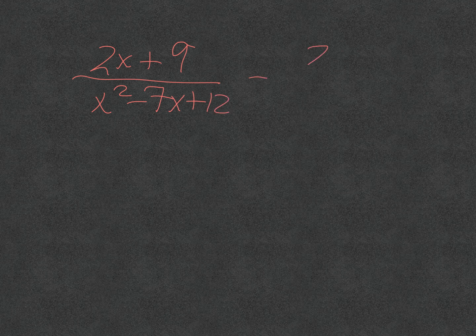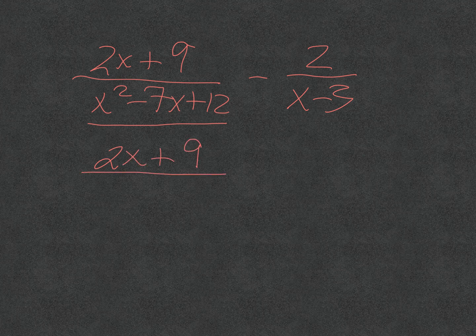I think I like this one right here. Let's try this. 2x plus 9 over x squared minus 7x plus 12 minus 2 over x minus 3. Now, in this case, this denominator is not factored. So generally, step one is always factor the denominators so you can see what you have.